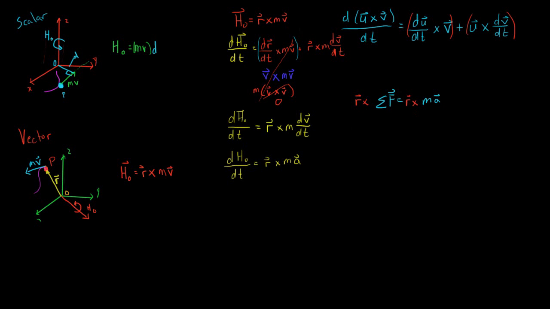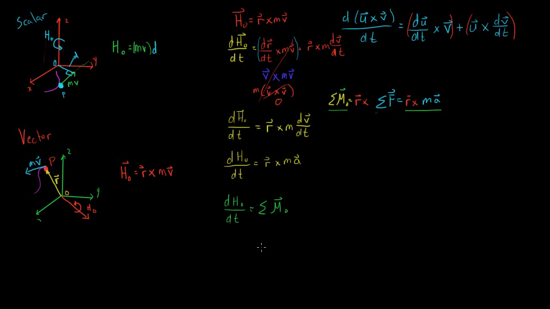When we take that cross product, it's going to give us the sum of the moments about O. So now we can substitute in that the position vector crossed with the mass times the acceleration is equal to the sum of the moments. So we have the derivative of the angular momentum with respect to time is equal to the sum of the moments about point O.